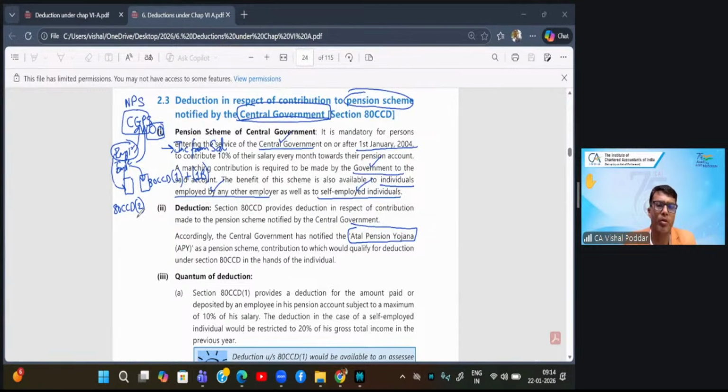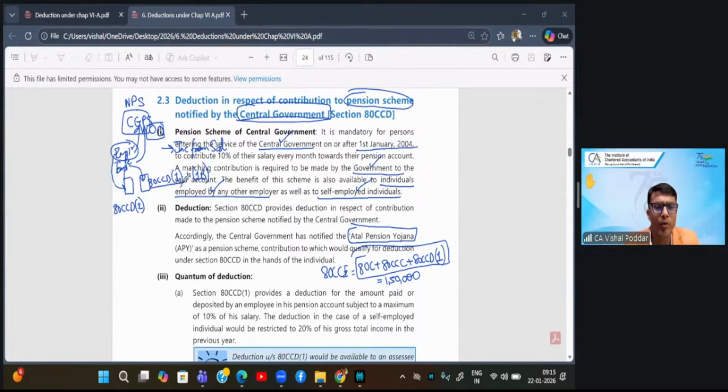It is important because we studied just a few minutes back that there is 80CCE. What it says: 80C plus 80CCC plus 80CCD bracket 1. These three sections combined, the deduction is 150. Correct? Now, I come back to this point.